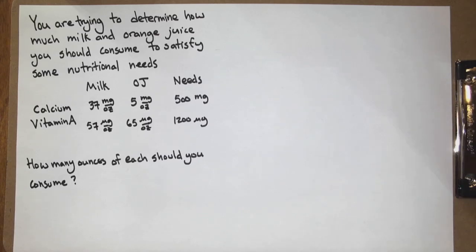So here's a problem. You're trying to eat healthy. And so part of your diet, you drink milk and orange juice. And you need to make sure you get enough of two things. Enough calcium and enough vitamin A. You know how much you need.